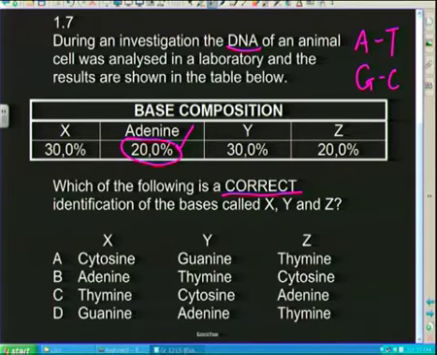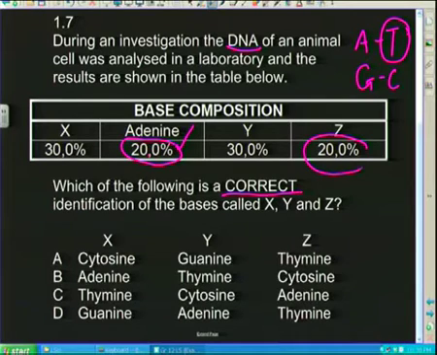A goes with T and C goes with G. So we can assume that if there's 20% of adenine, there must also be 20% of thymine. So now they've given us a hint, because we know that Z must be thymine, because they're the same bases, they must have the same partners.